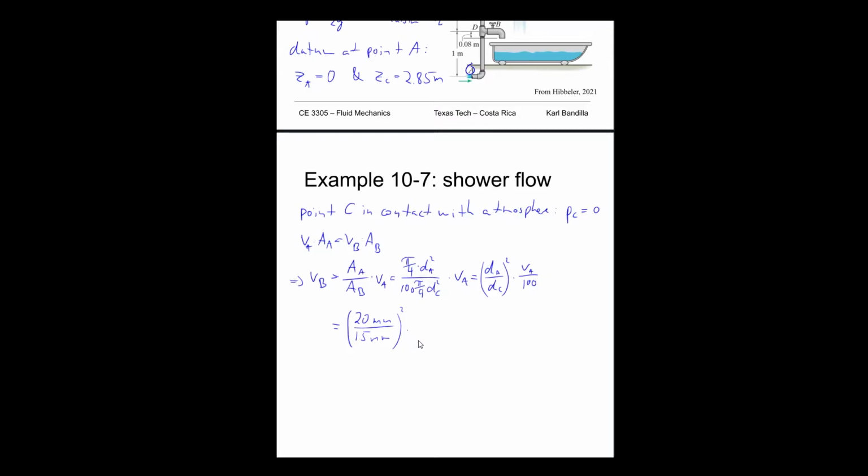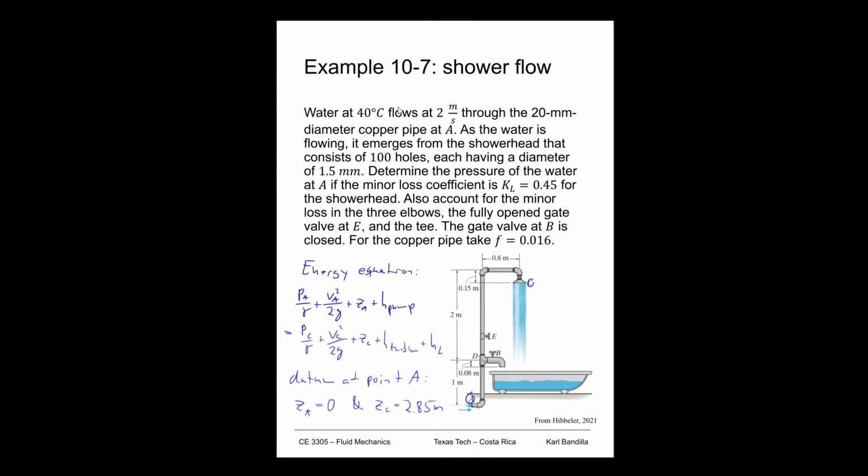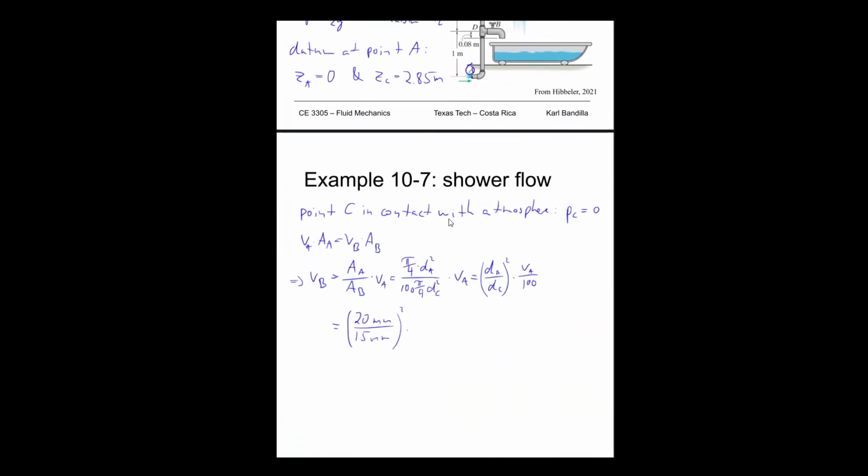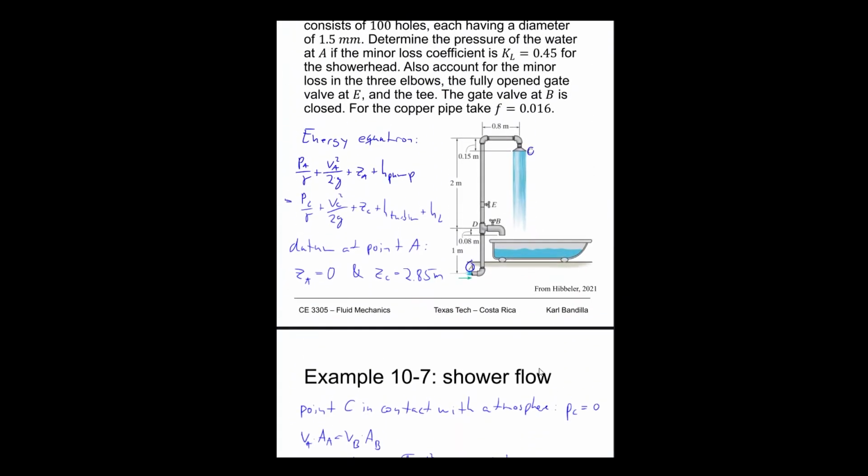And then the velocity was 2 meters per second right there at the top. Times 2 meters per second divided by 100 for the 100 holes. That gives me 3.55556 meters per second.